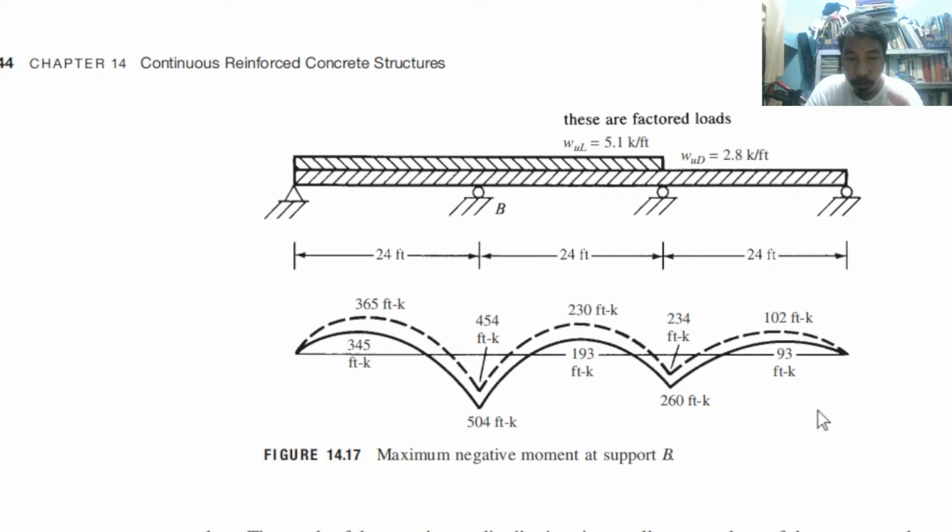But if you can memorize numbers, you can actually memorize this. If you have the load 5.1 kilopounds per foot, 2.8 kilopounds per foot, then you will get the following maximum and minimum. Just remember this maximum and minimum.